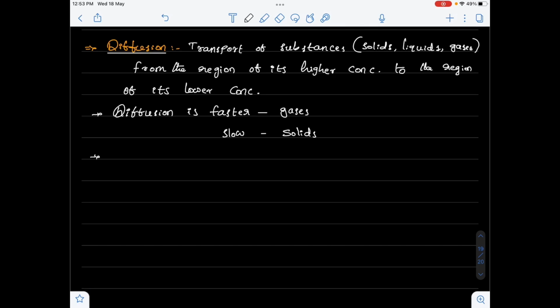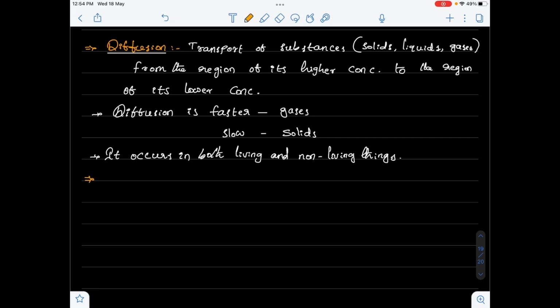And this diffusion process occurs in both living and non-living things.